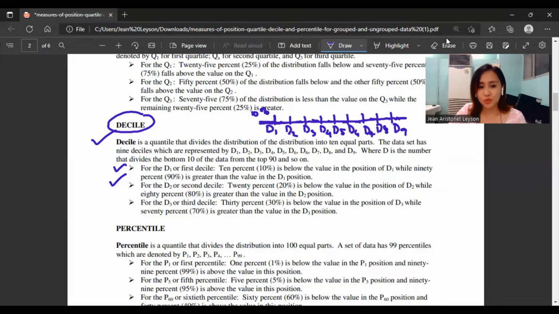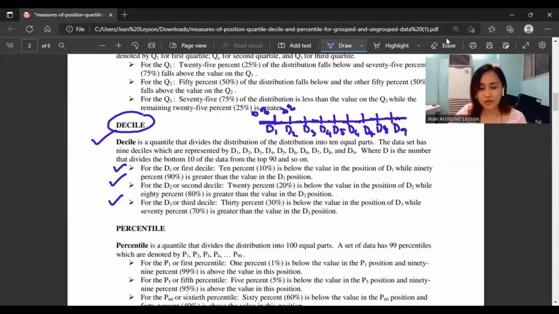For D sub 2, or the second decile, 20% is below the value in the position of D sub 2. So that's 10, another 10. So that's 20%, while 80% is greater than the value in the D sub 2 position. So above D sub 2, that comprises the remaining 80% in the distribution.